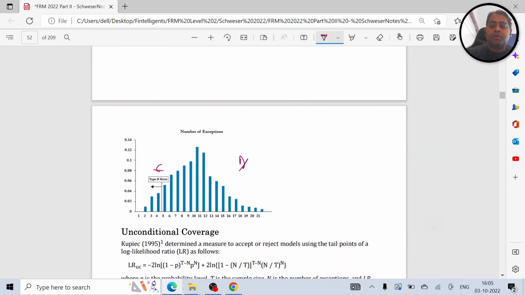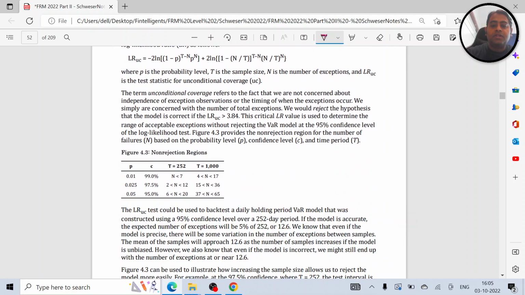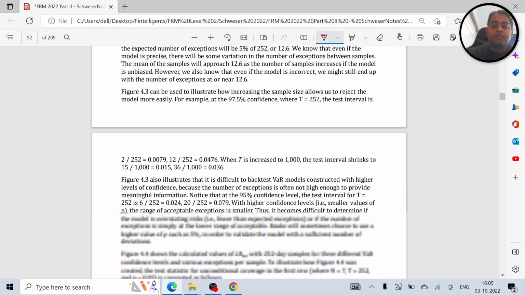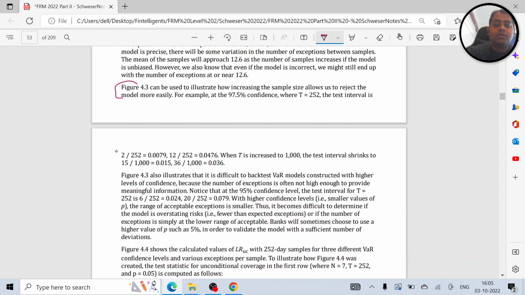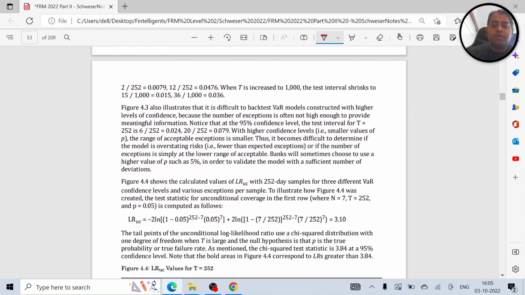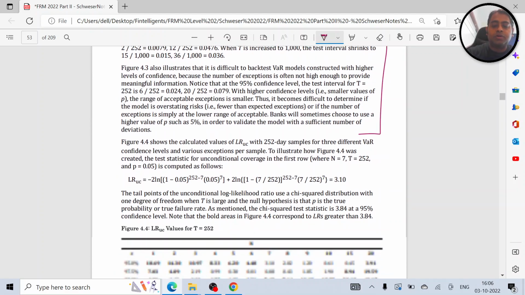These diagrams are important. For the unconditional coverage approach, if they ask you, they will give you the table. But over here, this logic of 3.84 is important. And this section, figure 4.3, this entire part is important.